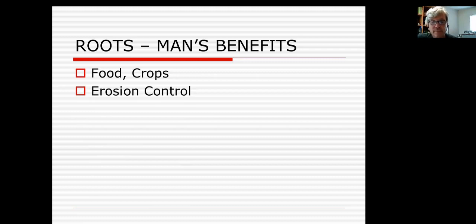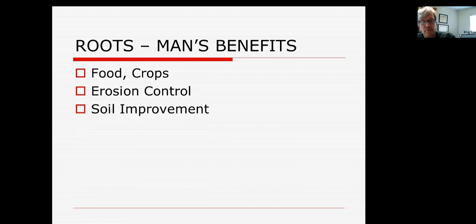That's one of the reasons that people put grass in lawns when they first create a new home, because they need something to prevent erosion, both from wind and from water. So roots are really important for erosion control, and that's why grasses are so commonly used for that.